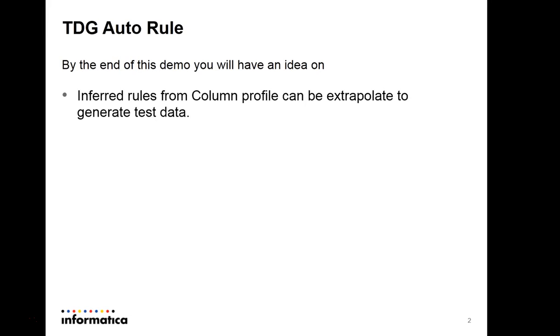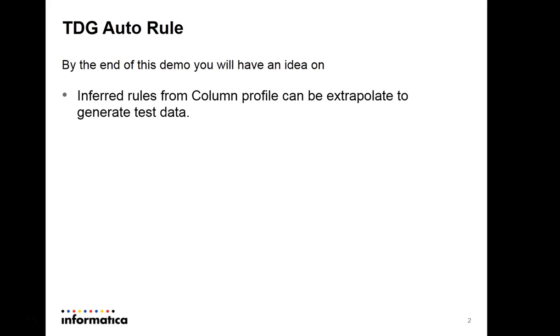As you know, column profiling in the TDM is nothing but profiling the table based on the columns' characteristics. Once you do a column profiling, you will get information about the characteristics of the column, like the patterns of the data in it, the list of values in the column, and the range of numeric values in the particular column.